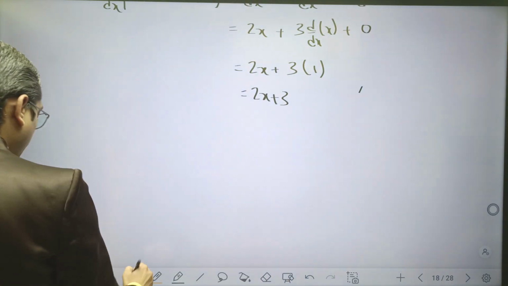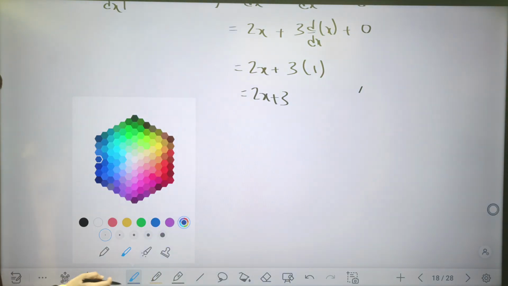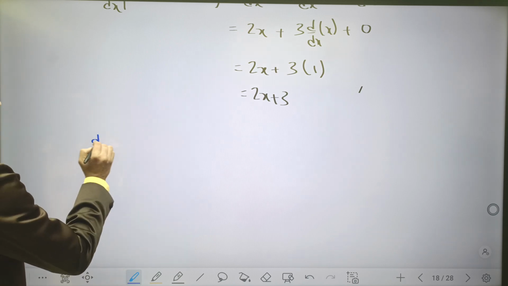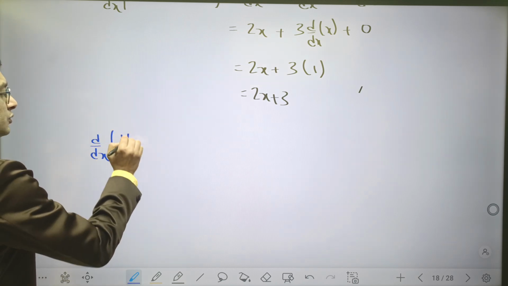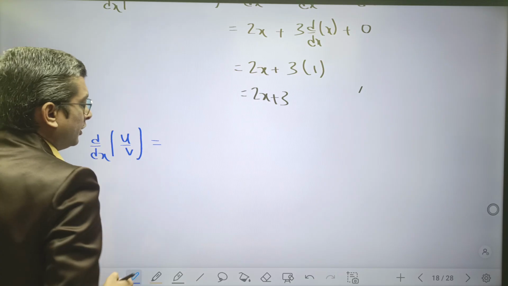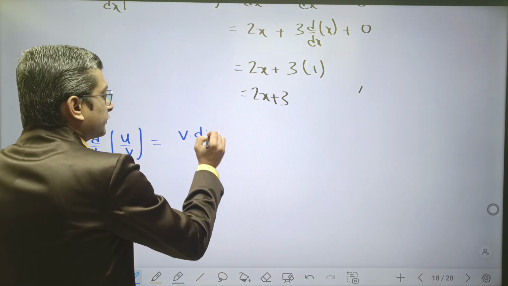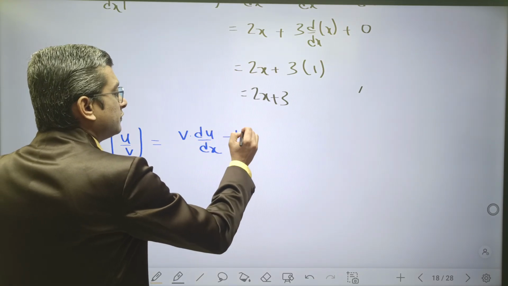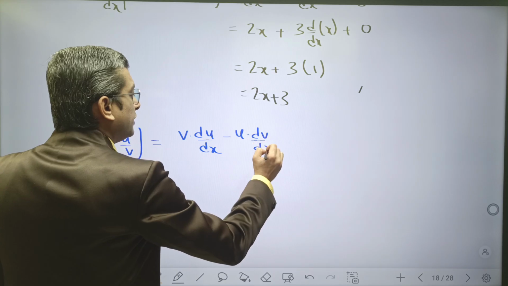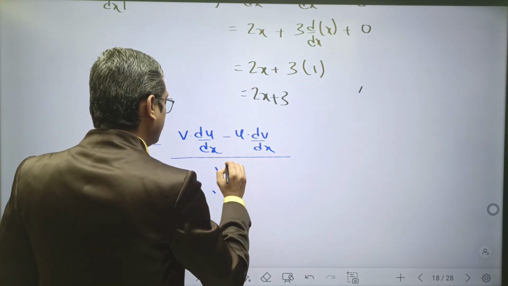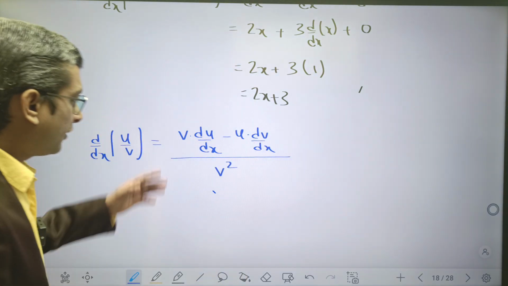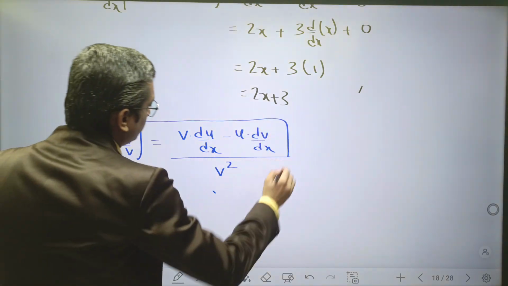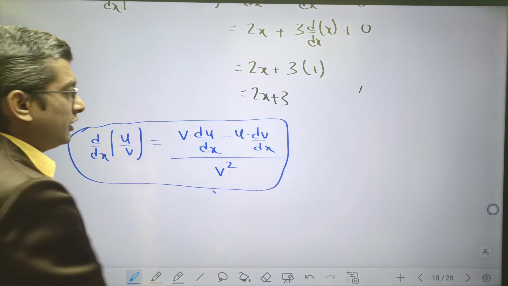Third formula is d by dx of u by v, the quotient rule. So this is v du by dx minus u dv by dx, and the whole divided by v square. This formula is rarely used, but you must know it. So there can be examples.